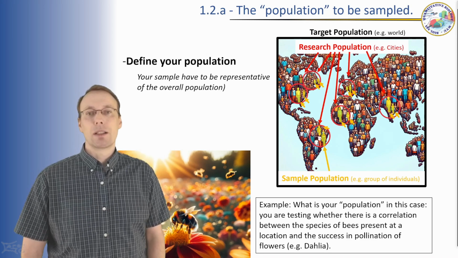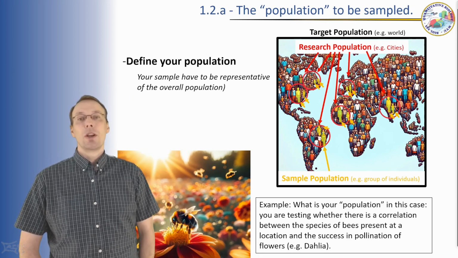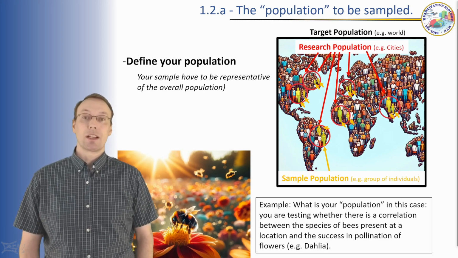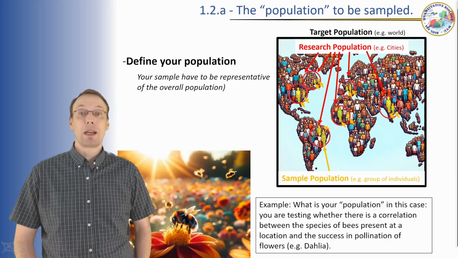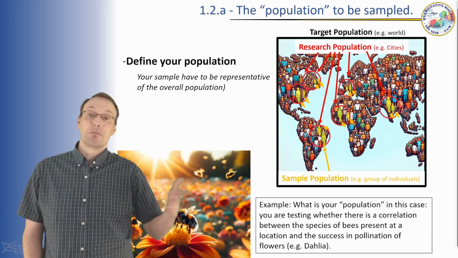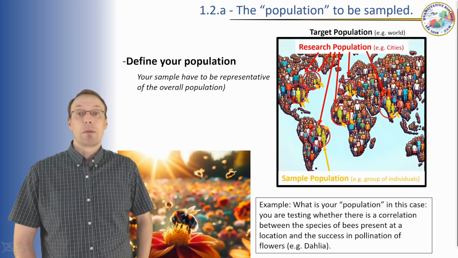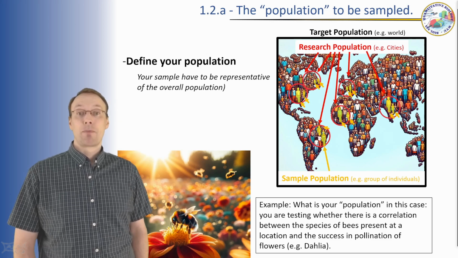If you're trying to figure out the average height of people around the world, you might not want to stand outside a basketball stadium where all the tall players are coming out and have your only measurements made on these maybe not average individuals.